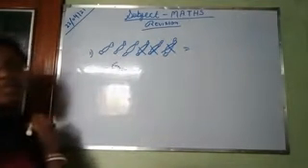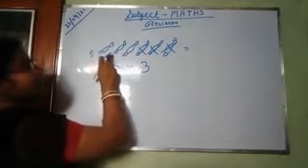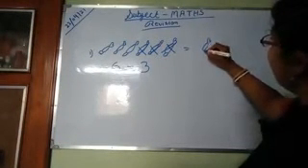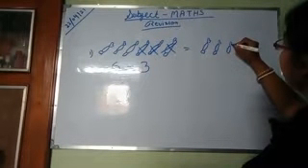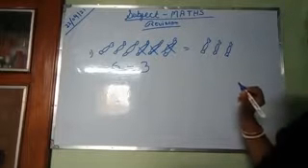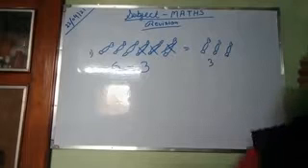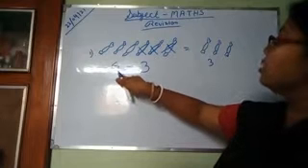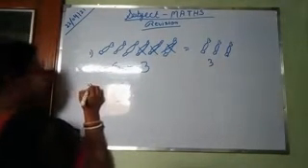Total how many toffees are there? 6. I have eaten 3. How many left? 1, 2, 3. Only 3 toffees are left. The total number of toffees is 6 and I have eaten 3. So 6 minus 3, the answer will be 3.